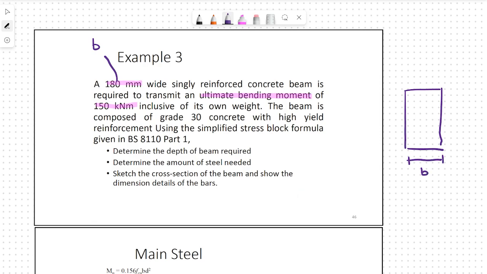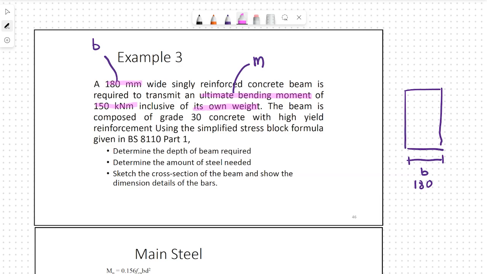That is the breadth B of 180, and the ultimate bending moment, this one refers to the M, inclusive of its own weight, meaning this question has calculated the loading for you and gotten the maximum bending moment.